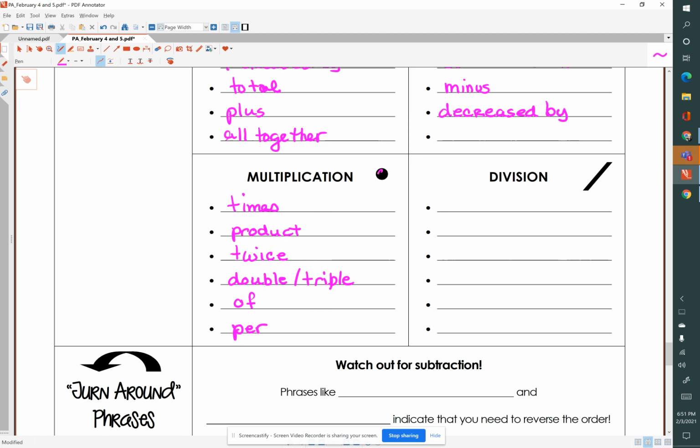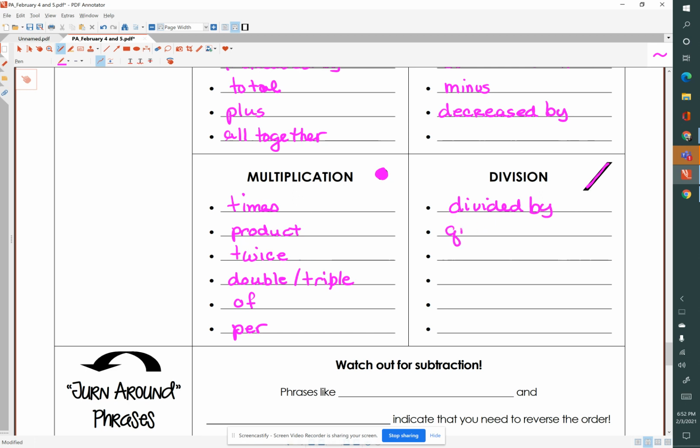And our symbol, now we graduate away from that kind of X as multiplication to this dot. Or if we have a variable and an integer next to each other, that is multiplication between them. And then division, here's the division symbol. And the words we use include divided by, quotient.